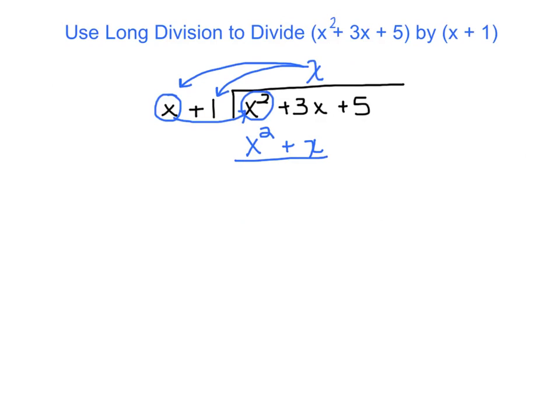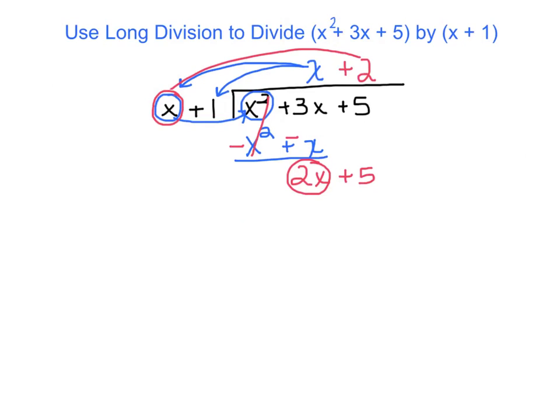But remember, we always subtract here. So if I subtract, I'm going to change the signs of both of these. So x squared minus x squared cancels. 3x minus x is 2x. Bring down the 5. Again, I'm going to look at this x into the 2x. 2x into 2x goes 2 times.